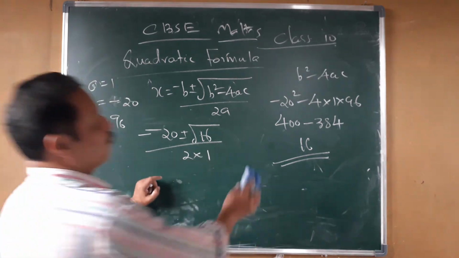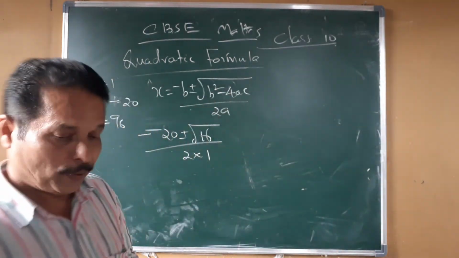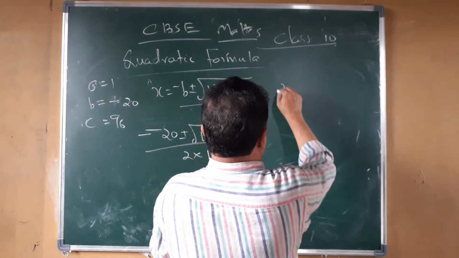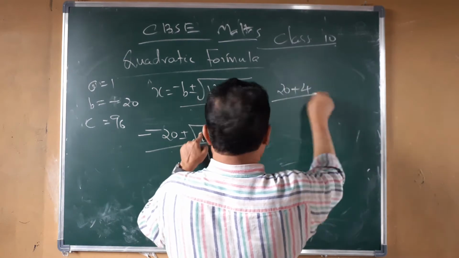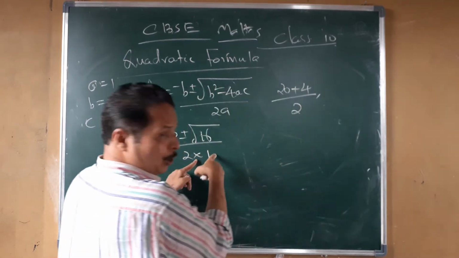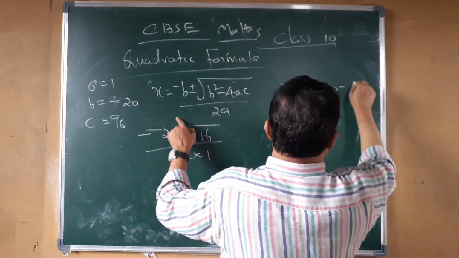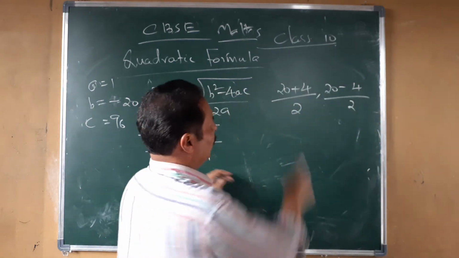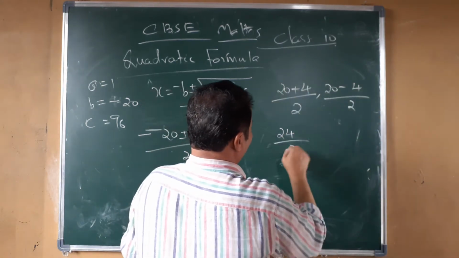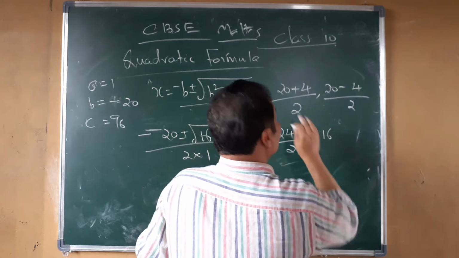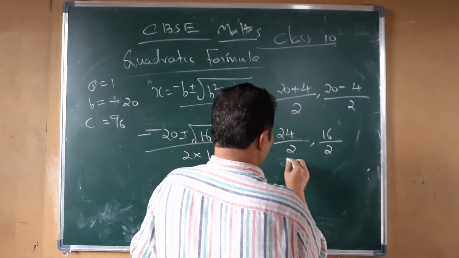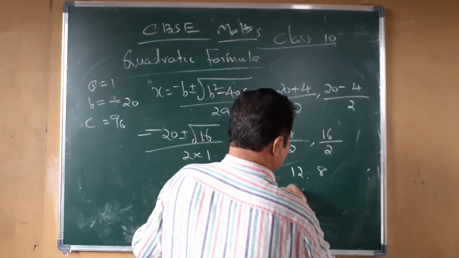Root 16 is 4. So 20 plus 4 divided by 2, or 20 minus 4 divided by 2. 20 plus 4 is 24 by 2, 20 minus 4 is 16 by 2. This number is 12 and that number is 8.